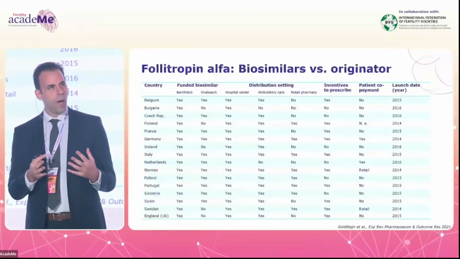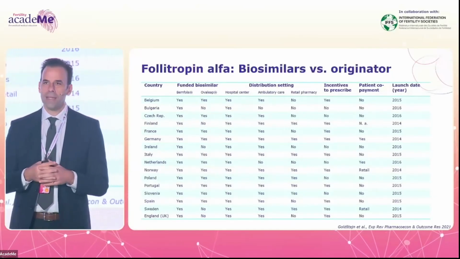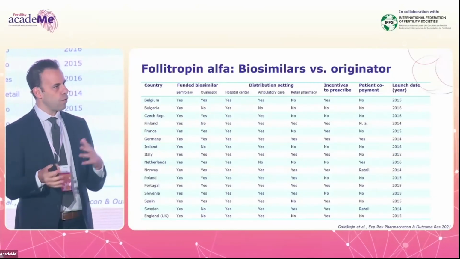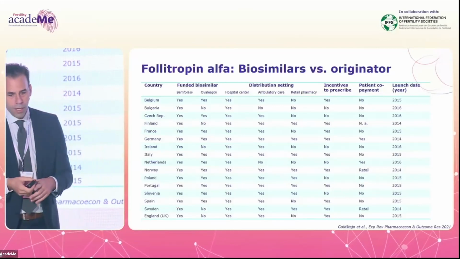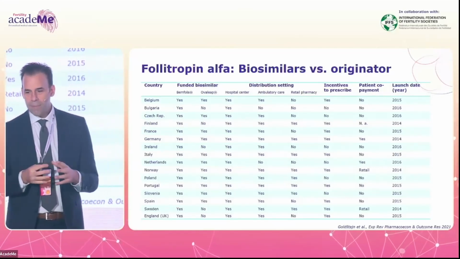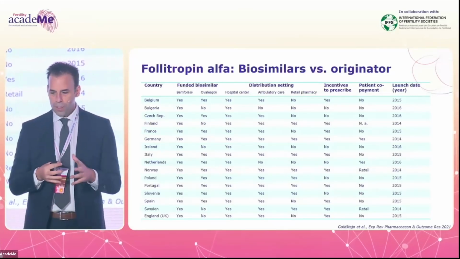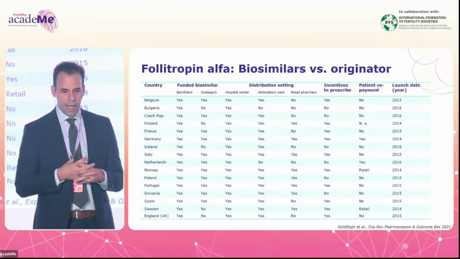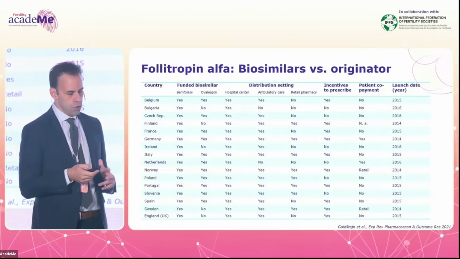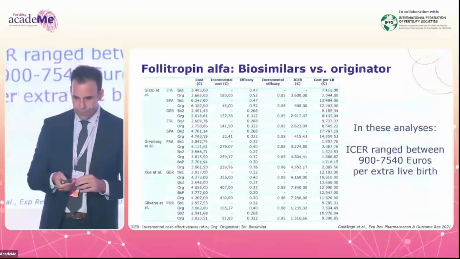There has been one significant review of all the health economic analyses of biosimilars of follitropin alpha versus the originator, which looked at everything that's been published so far. And here you can see where the biosimilars were available up to this point. This is a study by Goldstein, and you can see when they were introduced and what is happening in terms of their use.